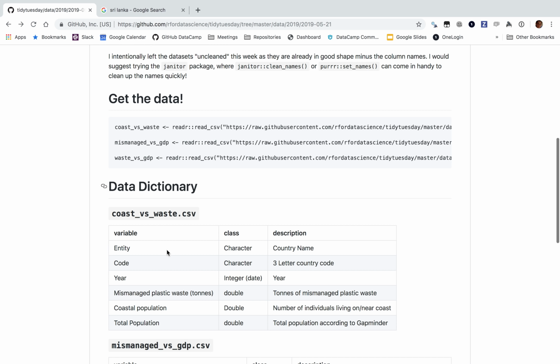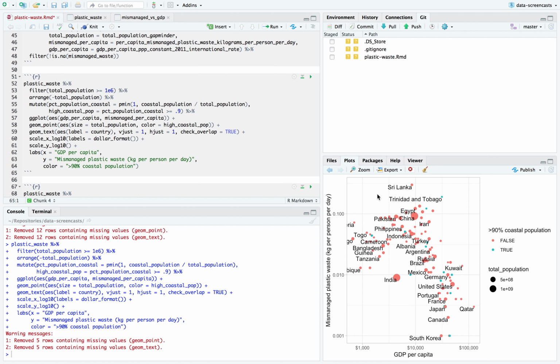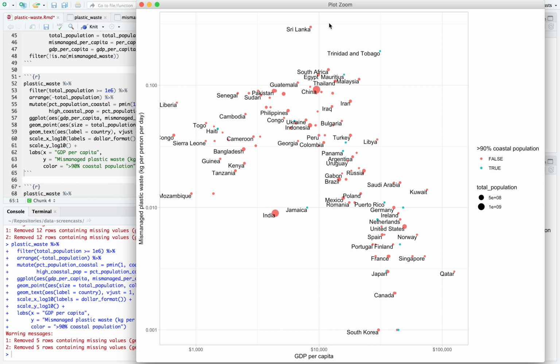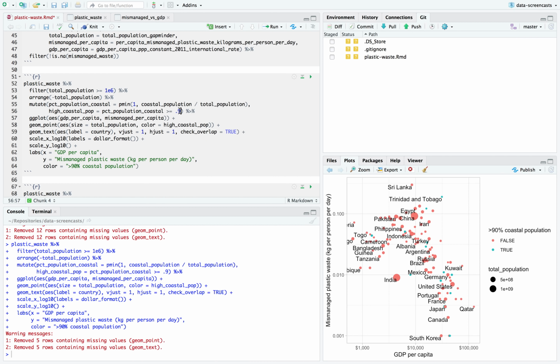Does this say what the definition of coastal population is? Unfortunately, it doesn't. By this definition, Trinidad and Tobago didn't make it. I'm going to try 80%.